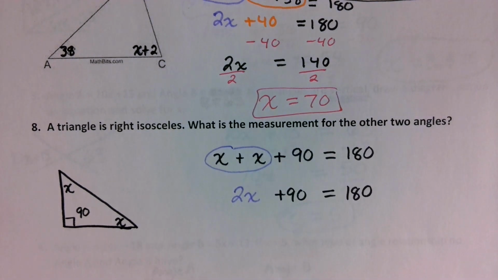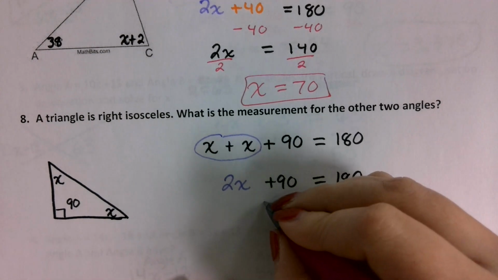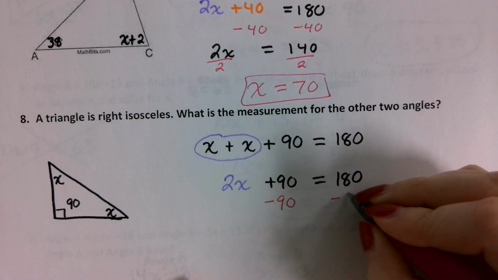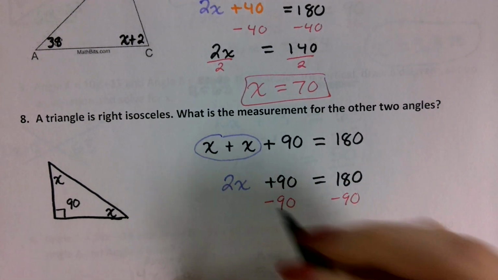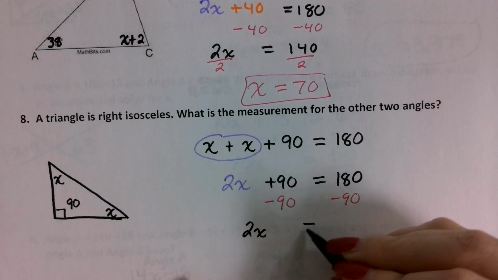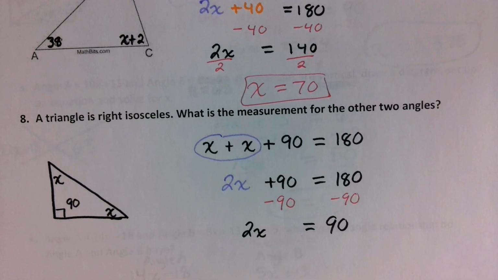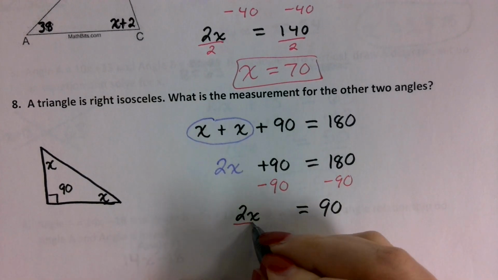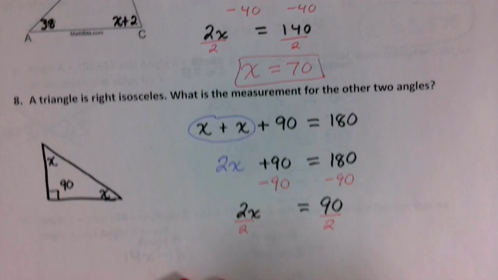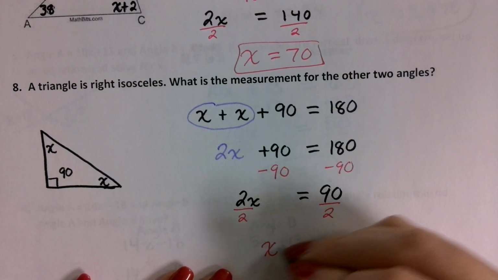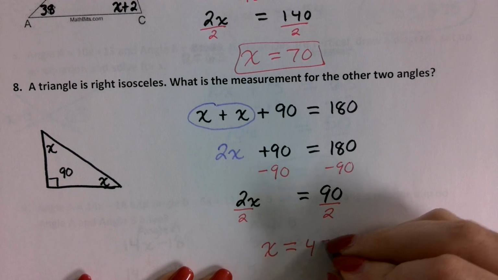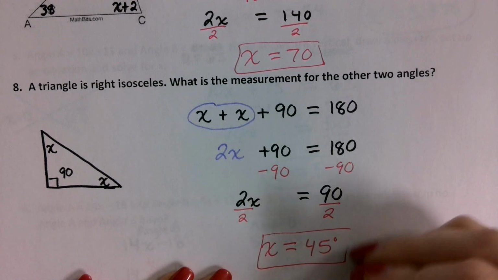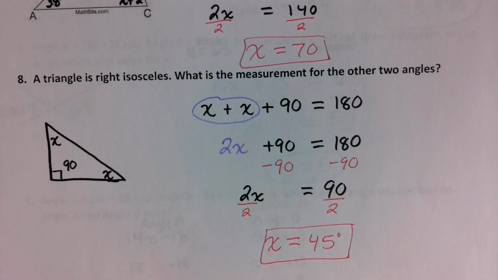What's the first inverse operation? Subtract. We're going to subtract 90 from both sides. That's going to leave us with 2x is now equal to 90. And then our last step is to divide. We'll divide both sides by 2, and we find out that the measurement for each of those angles is 45 degrees.